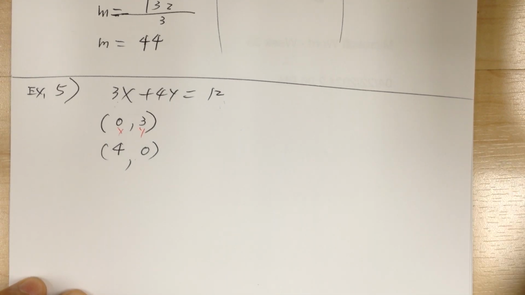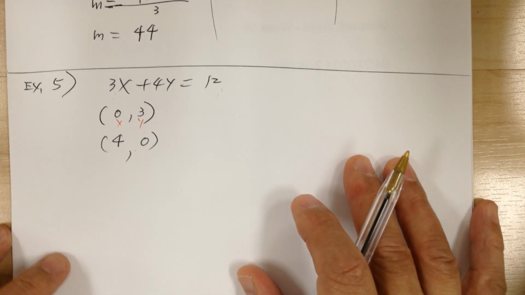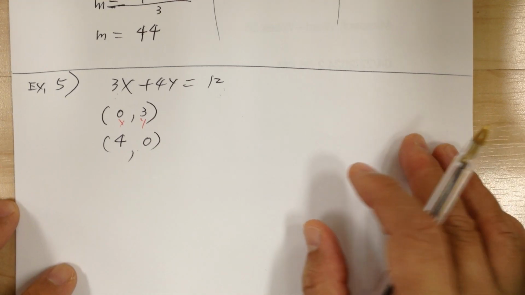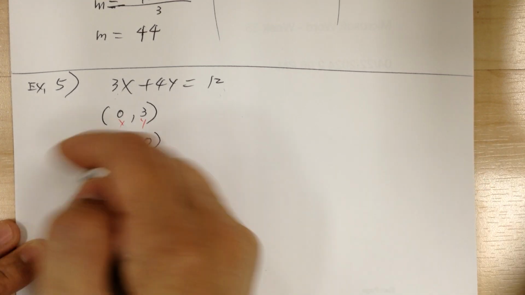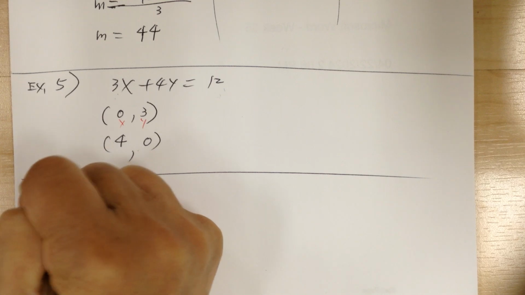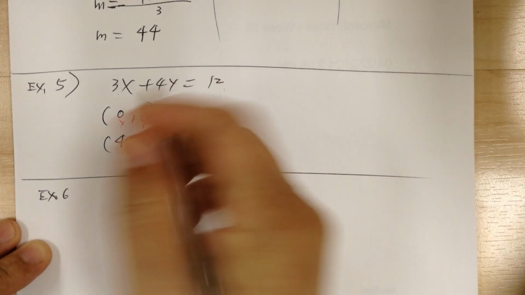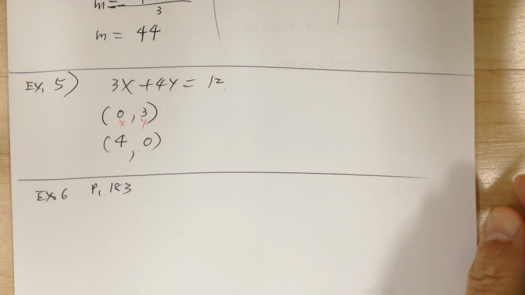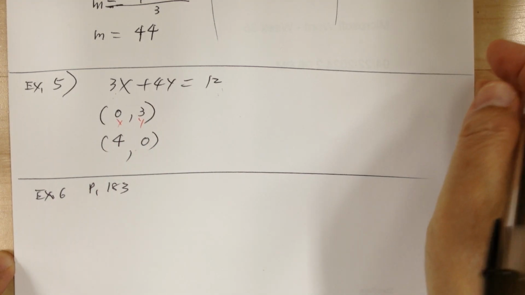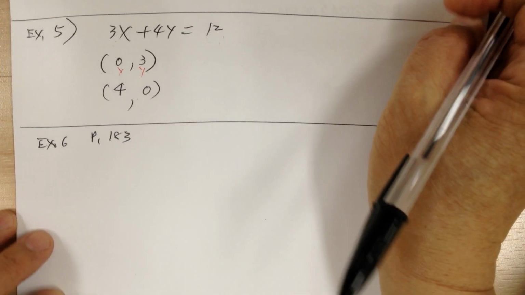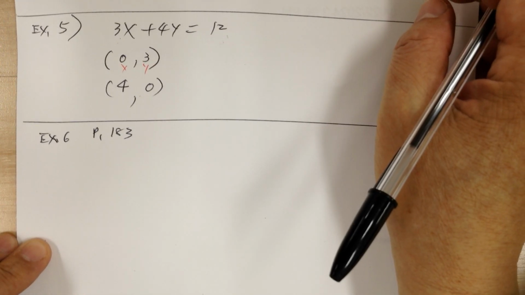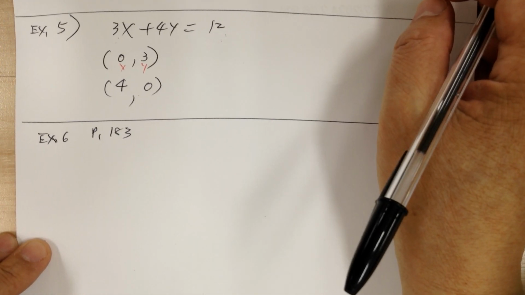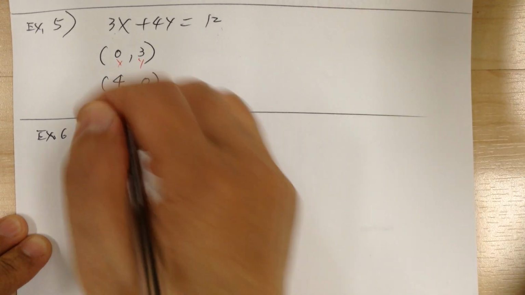Okay, let's go to example 6, on page 183. Solve a real-world problem. DVD rental. You can rent DVDs at a local store for $4 each.